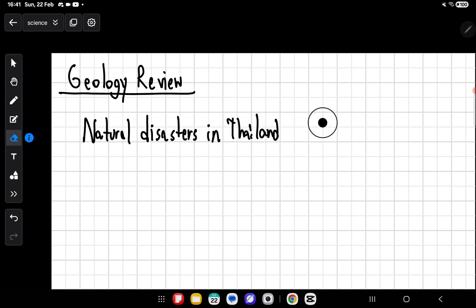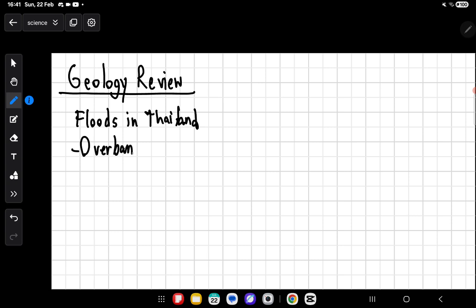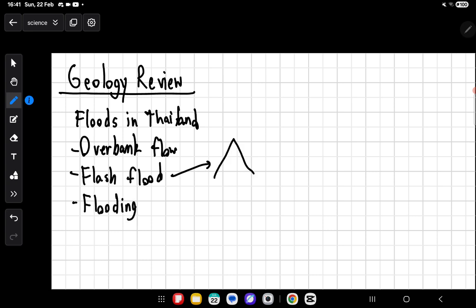Okay, so this is our next and final topic for today. Let's first look at floods in Thailand. So what are the types of floods in Thailand? We have the overbank flow, the flash flood, and irregular flooding. So the flash flood is when the flood is coming from high ground.